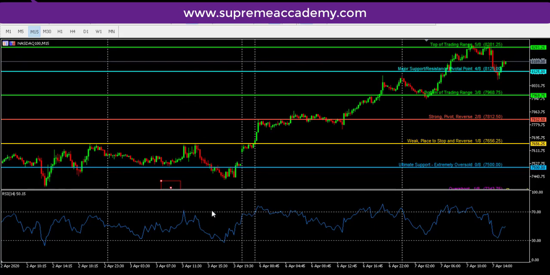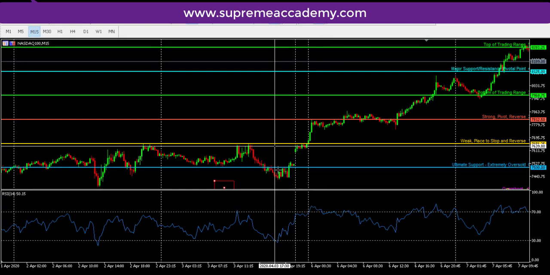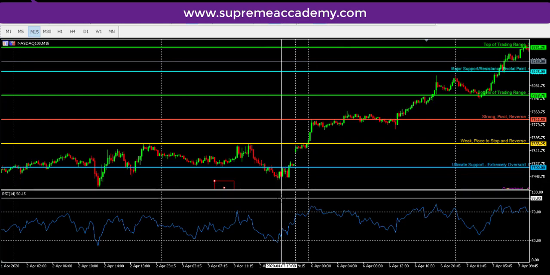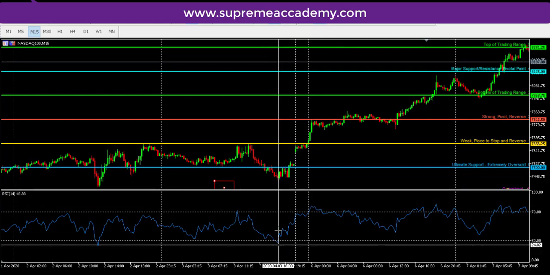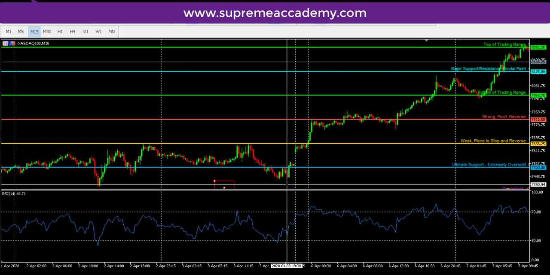So your confluence is the RSI. When the price is at that level and RSI is overbought here, you sell. When the RSI is oversold and the price is on a certain level, you buy. Here the RSI is oversold, but the price is not on a certain level, so you don't have good confidence for the trade.